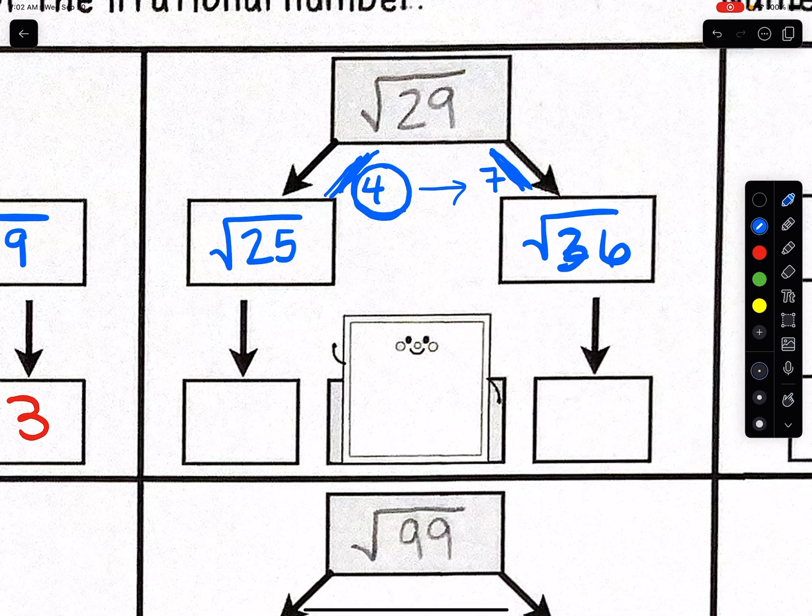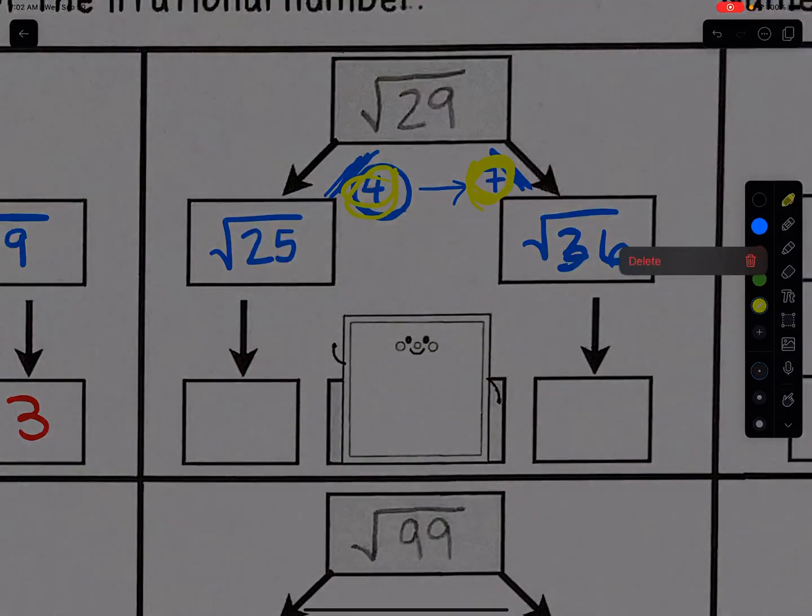So if I were to do a number line, I would have 7 spaces away from 36, and I would have 4 spaces away from 29. So it's obviously closer to 25, but the middle is about 5, is about 30.